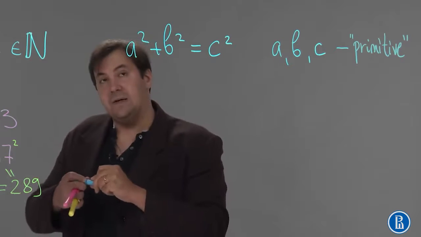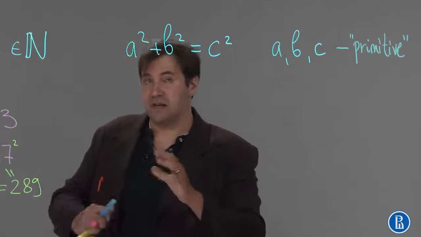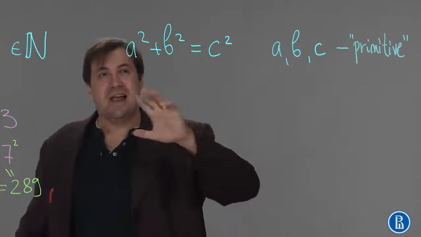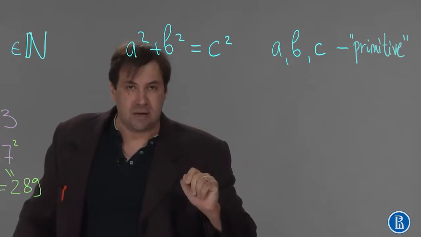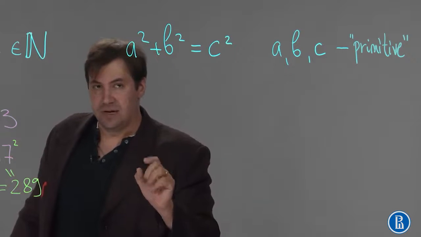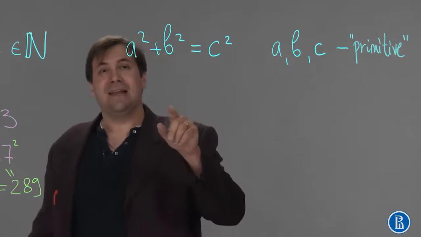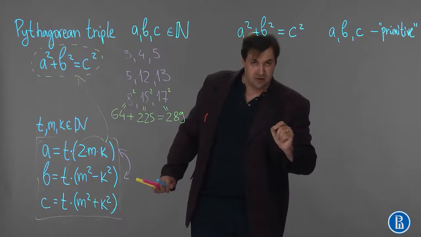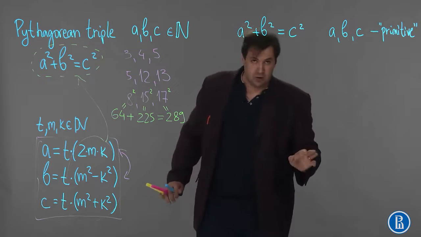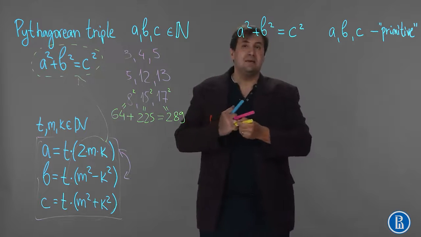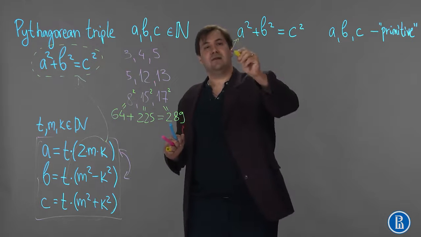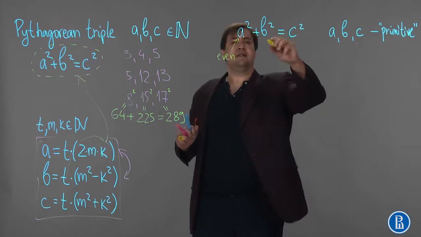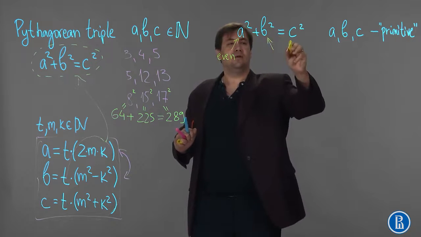Now, remember that if we have a so-called primitive Pythagorean triple, then exactly one of these numbers is even and the other two are odd. One of the numbers a and b must be even, and c is always odd. So suppose that a is the one that is even, and b and c are odd.